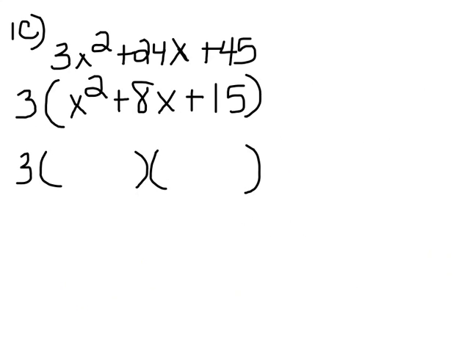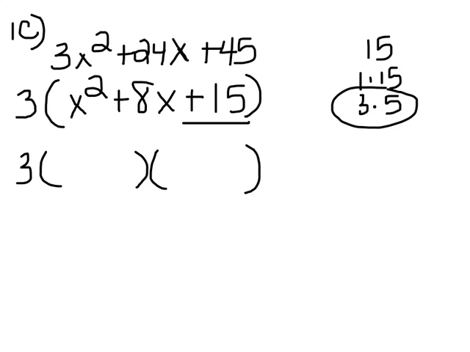We should be looking at the factors of 15 that add to 8. So our factors of 15 are 1 times 15, 3 times 5. The factors of 15 that add to a positive 8 would be 3 and 5. So our trinomial factors into x plus 3 and x plus 5. And as always, we should check our work.